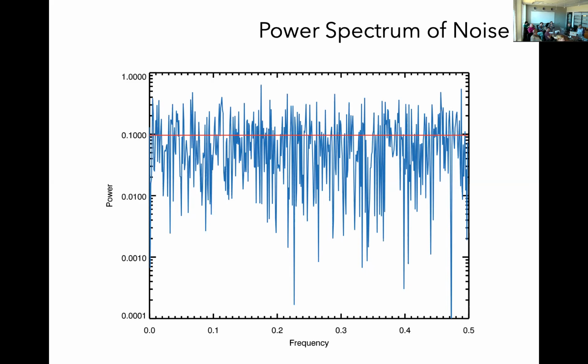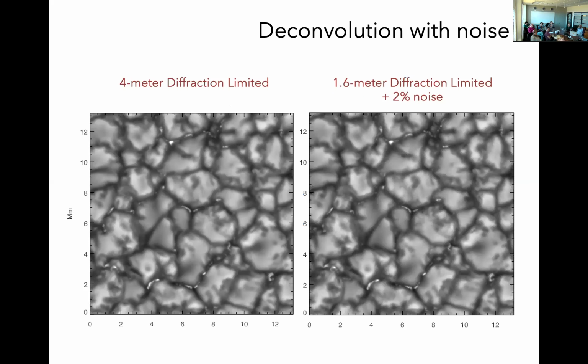So how does that affect our Fourier transform and our hope to be able to deconvolve everything? Again, I have the simulation there on the left, and now I have the same image convolved with the PSF of a 1.6 meter telescope, and now I've added 2% noise on that.